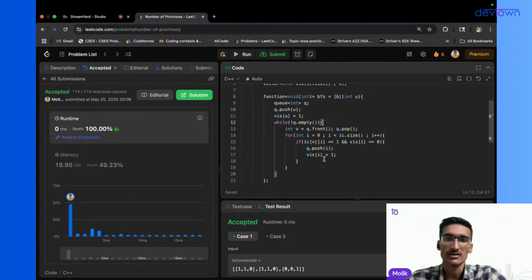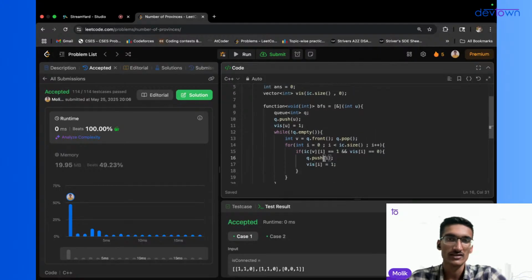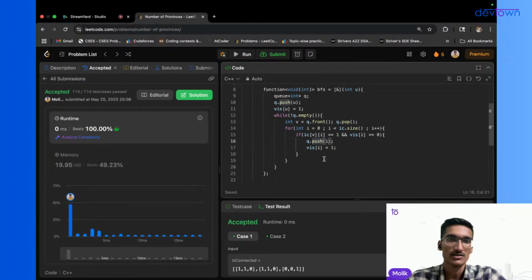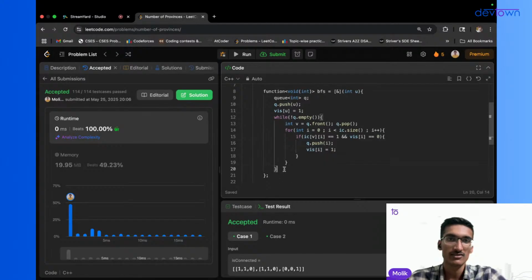Bhavika pointed out that DFS can be used, and yes, you can. I use BFS because I wanted to show you the implementation. So this was the exact pseudocode we talked about.